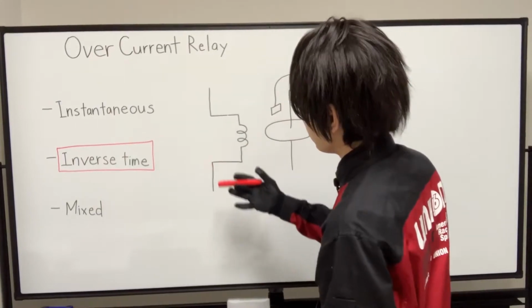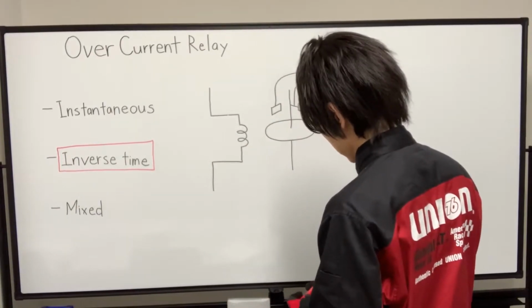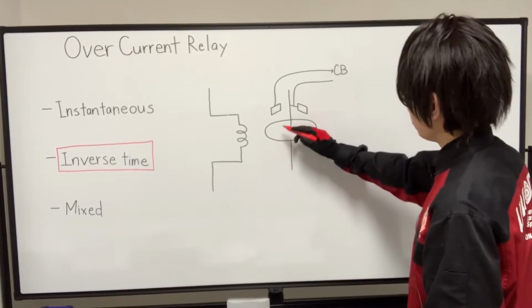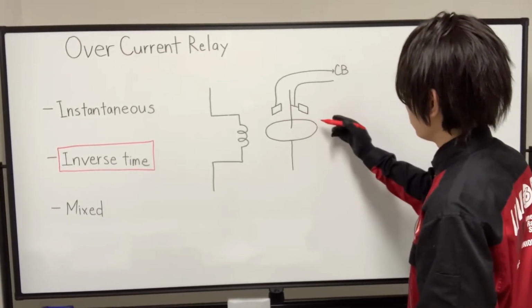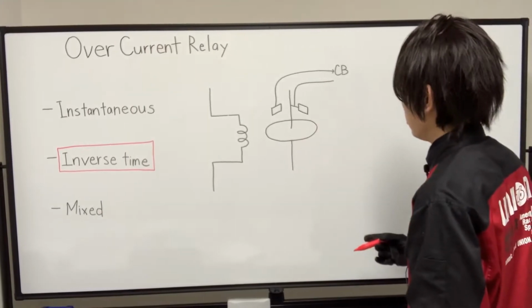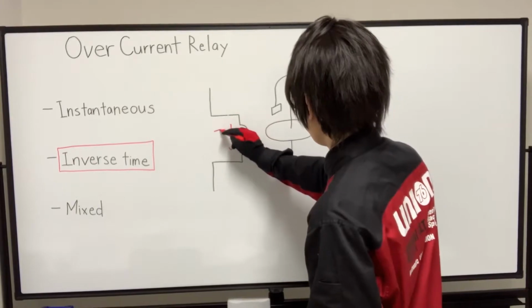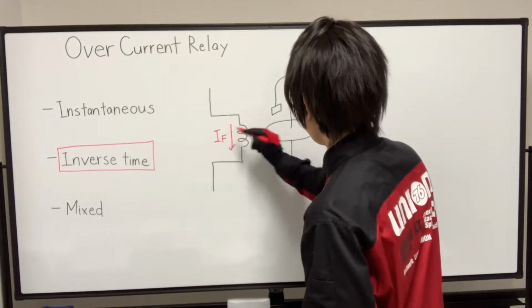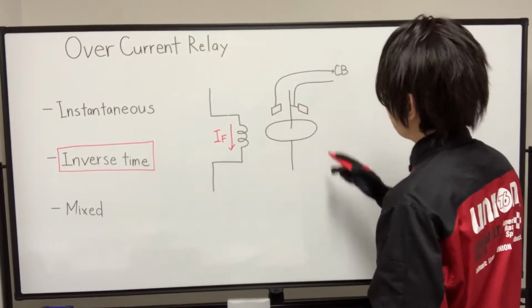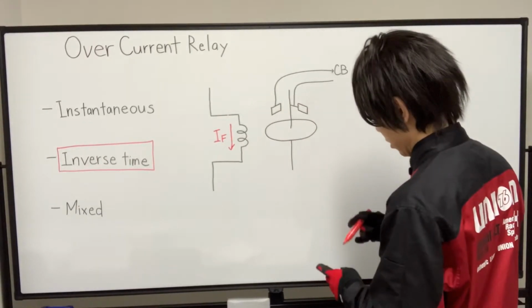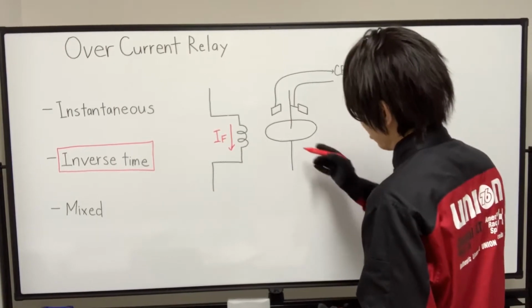So how are the inverse time characteristics? These types of relay consist of an induction disk like that. And if the forward current is flowing here, this coil is energized and creates some magnetic field.